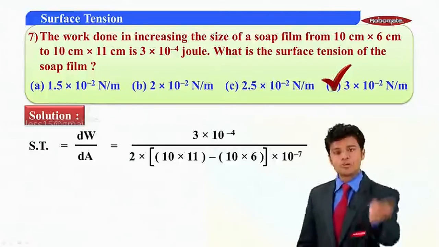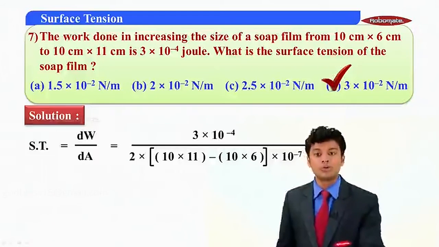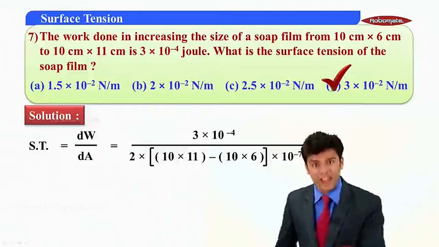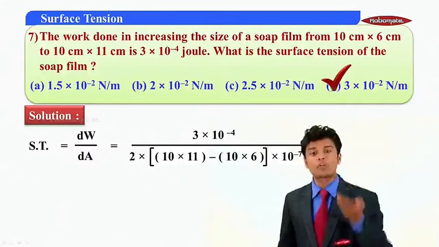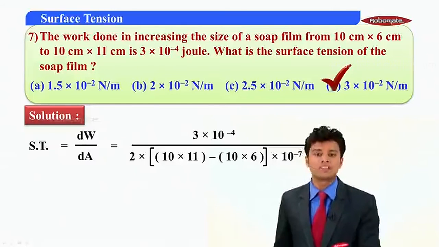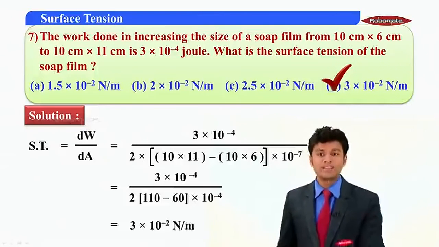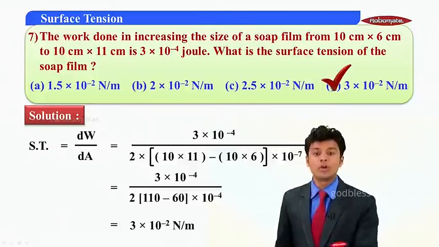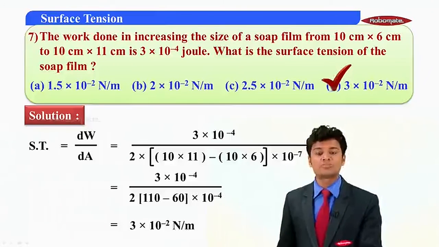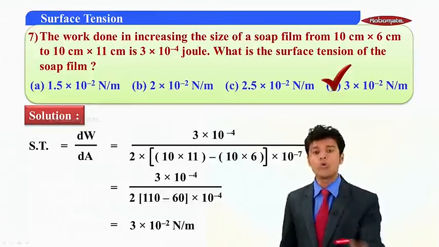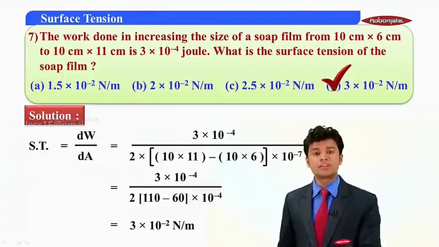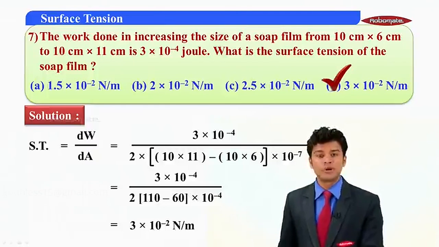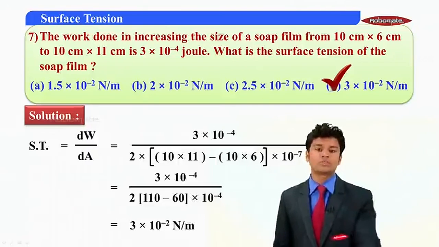Why did I multiply by 2? Because the film has two free surfaces, one on the upper side and one on the lower side. So I get 3 into 10 raised to minus 4 upon 2 into (110 minus 60) into 10 raised to minus 4. The final answer for surface tension is 3 into 10 raised to minus 2 newtons per meter, which is your option D.